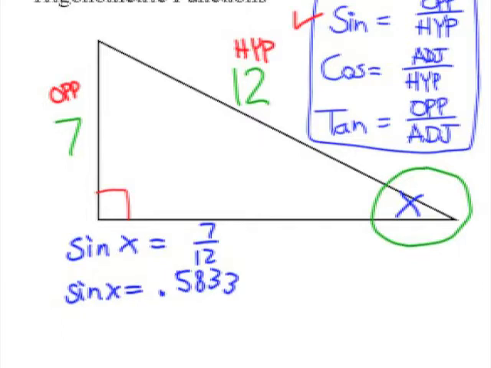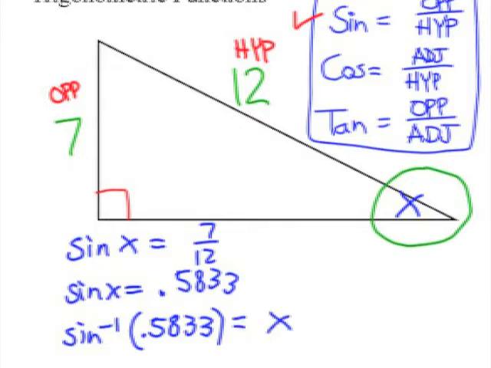To find the angle, I look on my calculator for the sine -1 button. Usually it's a second function above the sine key. What that means is, what angle gives me a trig value of 0.5833? So it's written mathematically like this: sine -1, or the inverse sine, of 0.5833 equals my missing angle.